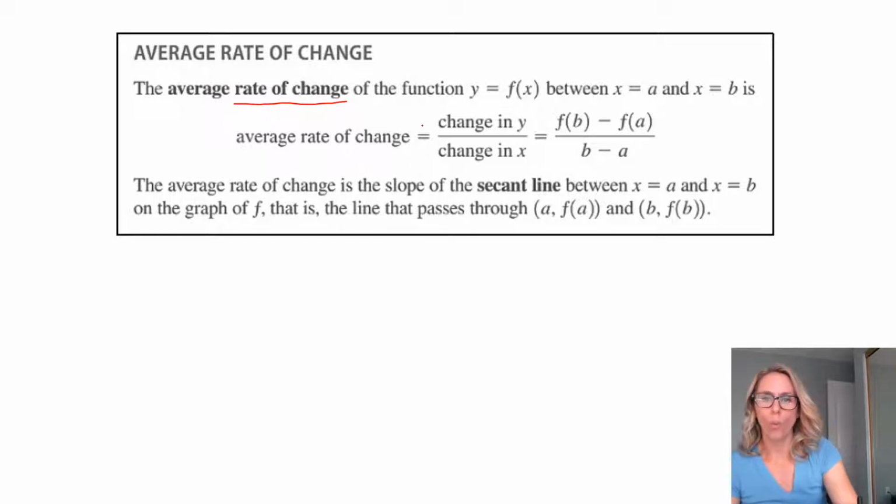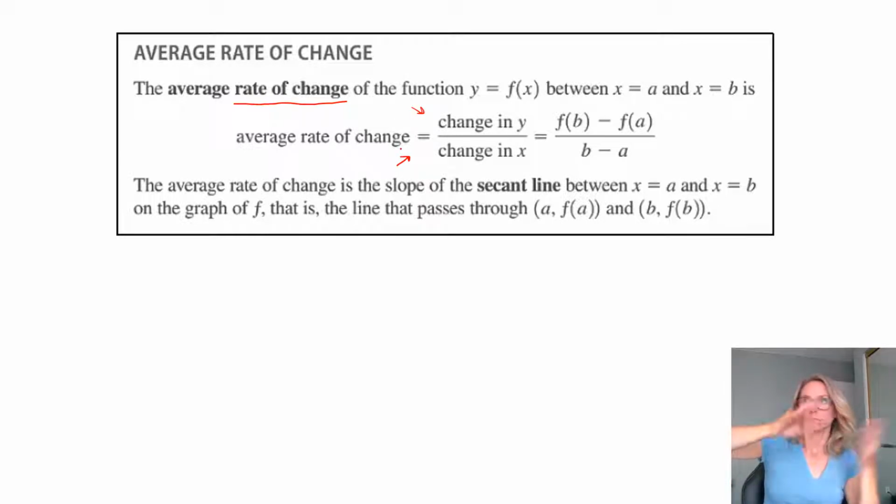So we have the change in y, we have the change in x. Change in y is typically some sort of distance, depending on what we're talking about. And so that's the y values. And then we divide that by the change in x, which is your two x values. And that's going to give you your average rate of change.